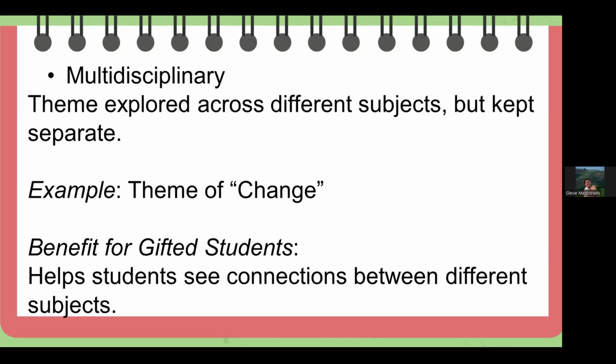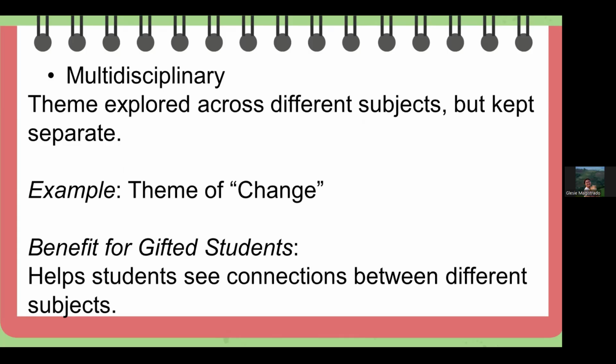Next, we have the multidisciplinary. It's about a theme explored across different subjects but kept separate. The given example here is the theme of change. When we say change, it depends on what the change portrays. In history, change is about revolutions.